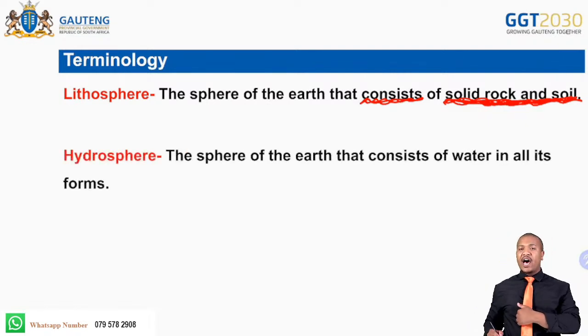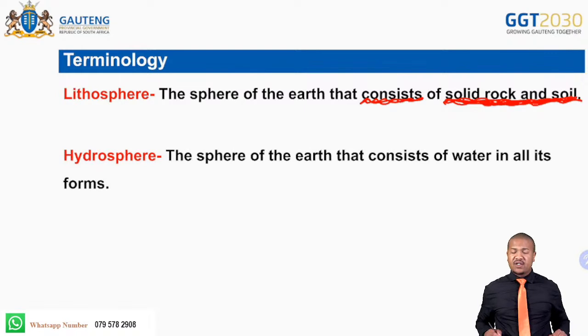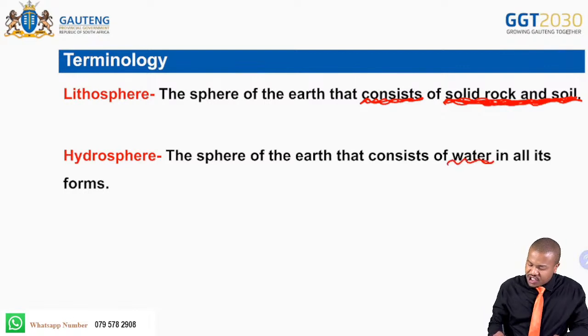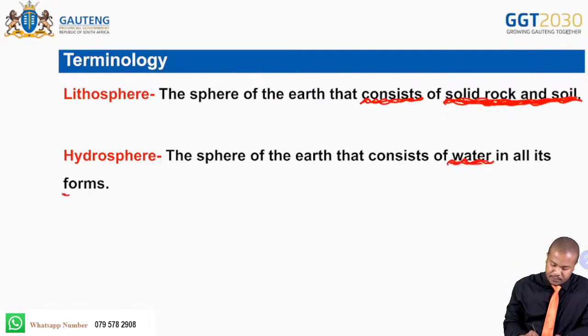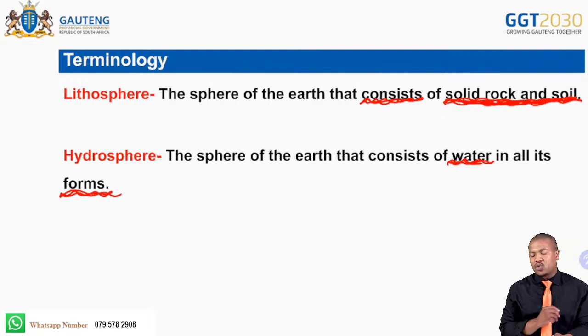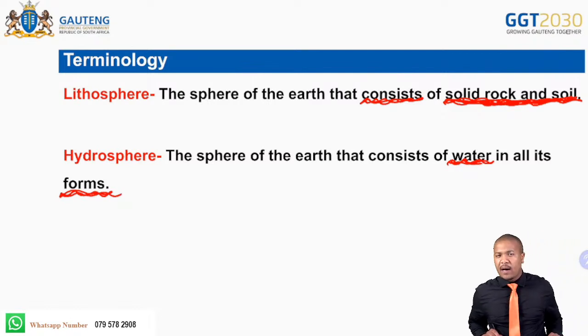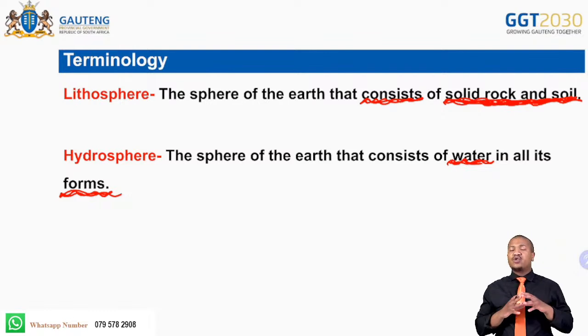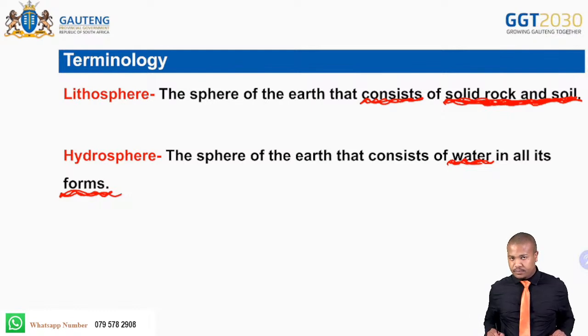Then we have hydrosphere. The hydrosphere is the sphere of the earth that consists of water in all its forms. When talking about water in all its forms, we're talking about its liquid state, gaseous state, and solid state. So hydrosphere has to do with all the waters of the earth in all its forms.